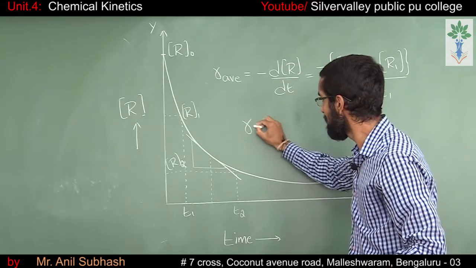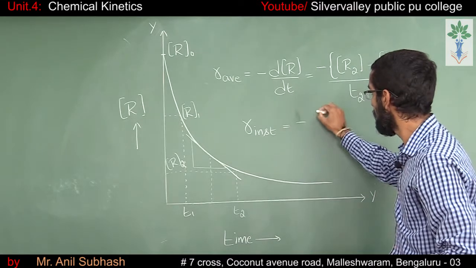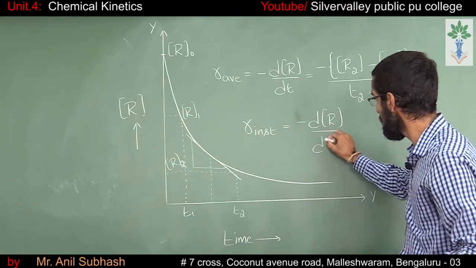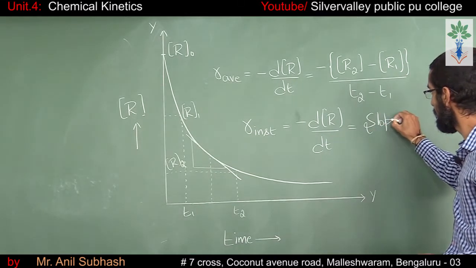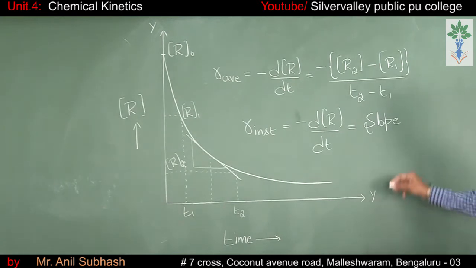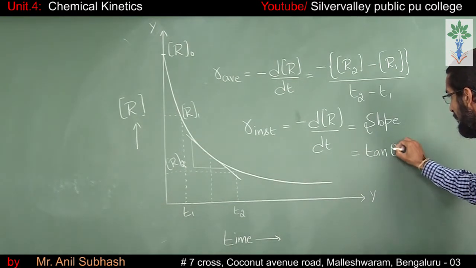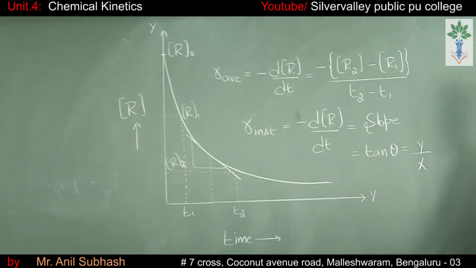Instantaneous rate is given by minus dr by dt, that is equal to the slope of the tangent, and we all know that slope is given by tan theta, that is equal to y by x.